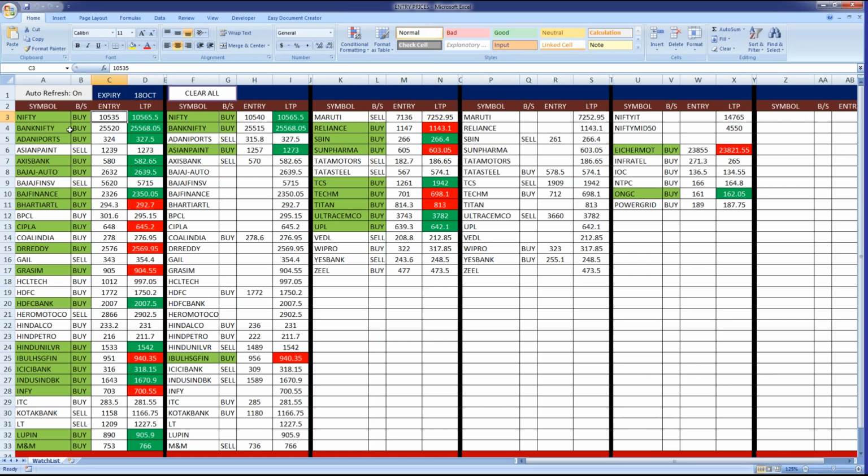As soon as you enter into a particular trade, you'll have to just tell me what trade you have entered. Then I'll be able to give you the stop loss and the targets. Like in the case of Adani Ports, I'll just drag the chart for you.